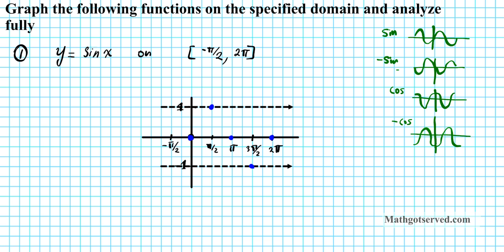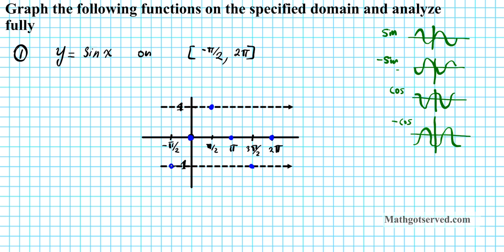So we follow this pattern for an eternity, but this interval asks us to restrict our graph to negative pi over 2 to 2 pi. And if we go to the left part, we just go down to negative pi over 2. Okay? So if we connect our dots, that will be the graph of the sine function on this specified domain.